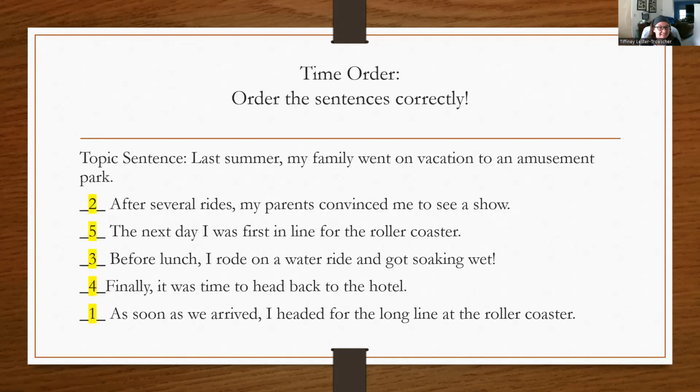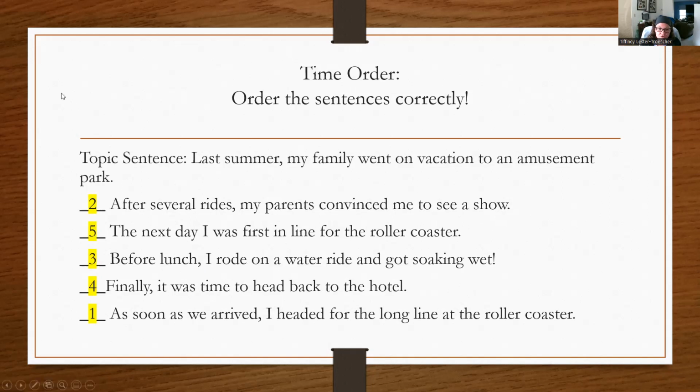Do you see how some of these transitions helped us figure out the order? As soon as, right? After, before lunch. And these two, we knew this was the first thing he did, got in line for the roller coaster.